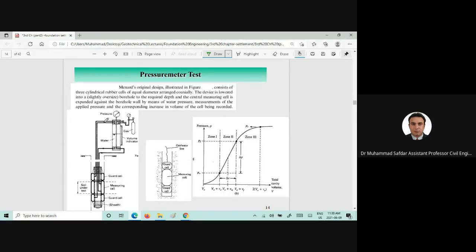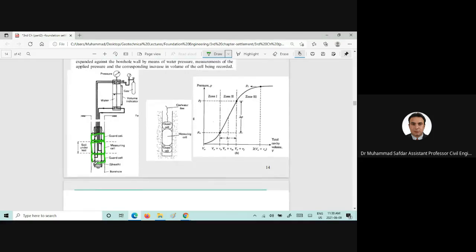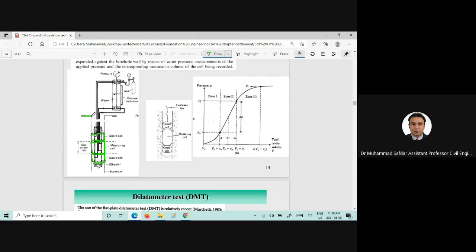Now we are given this device. There are two guard cells and one measuring cell, and we need to lower those guard cells and the measuring cell in a borehole.